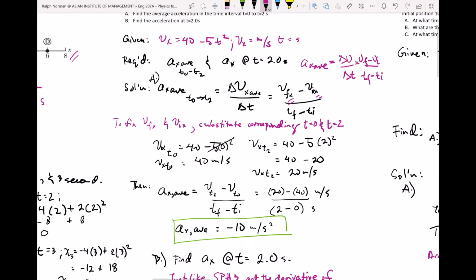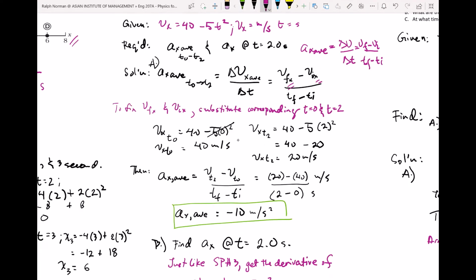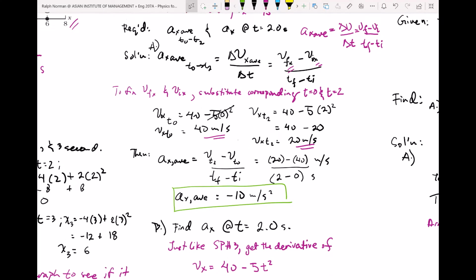So you would have the answers as 40 meters per second for the velocity at t equals 0 and 20 meters per second for the velocity at 2 seconds. Once you know that, you substitute those values to get your average acceleration, and you will yield negative 10 meters per second squared.